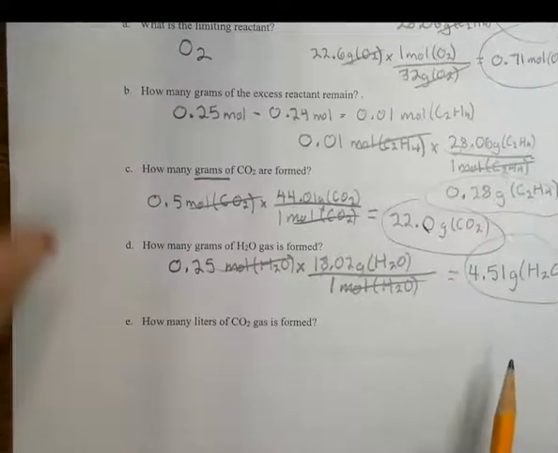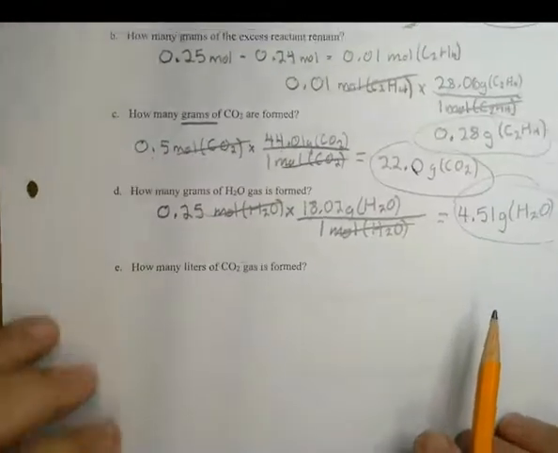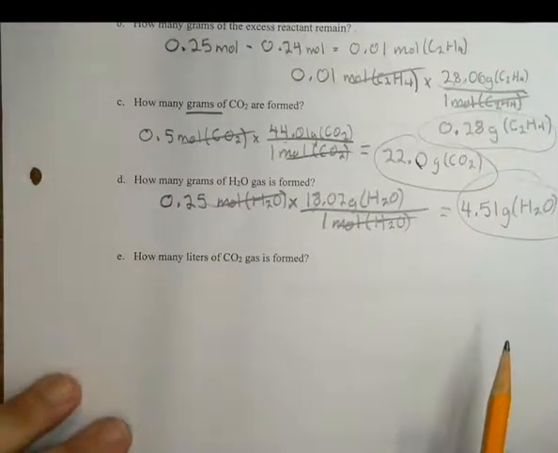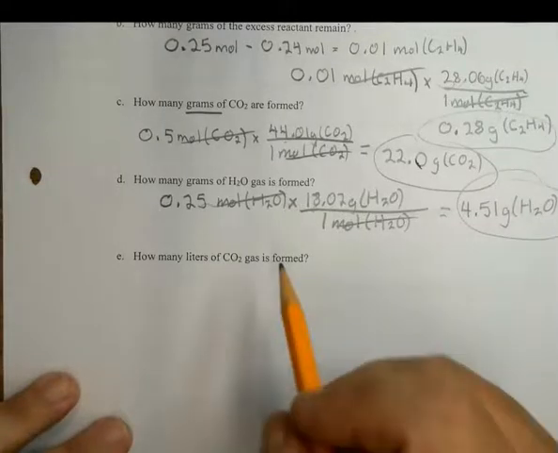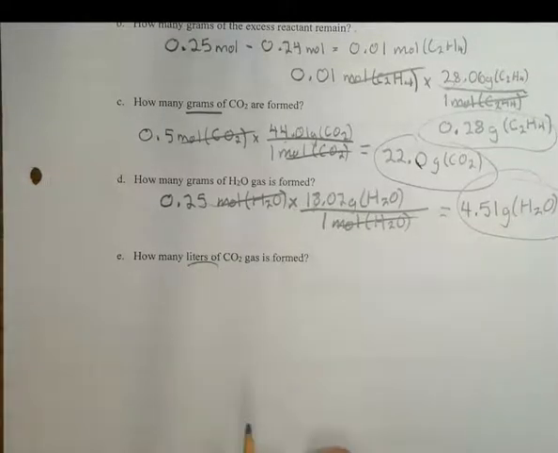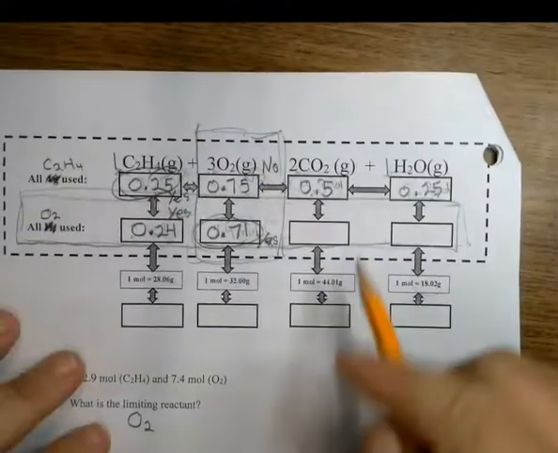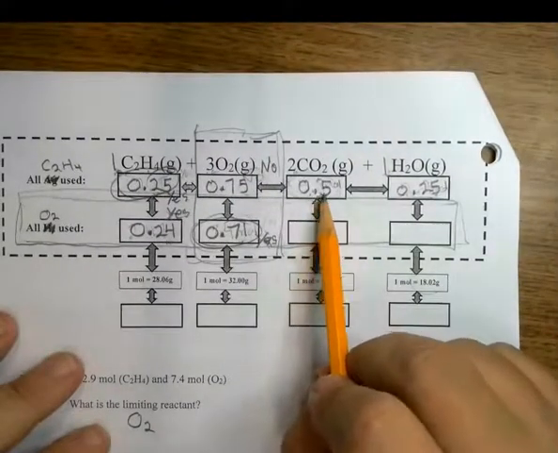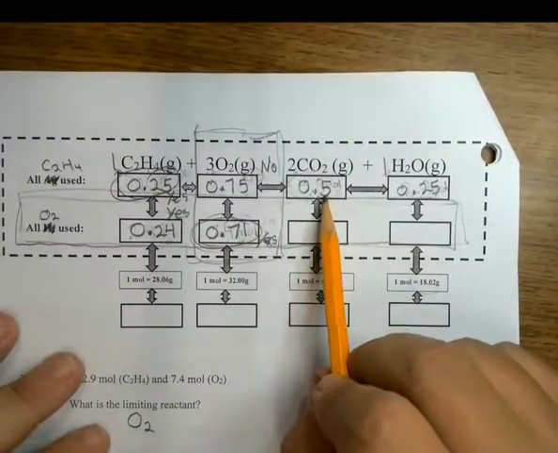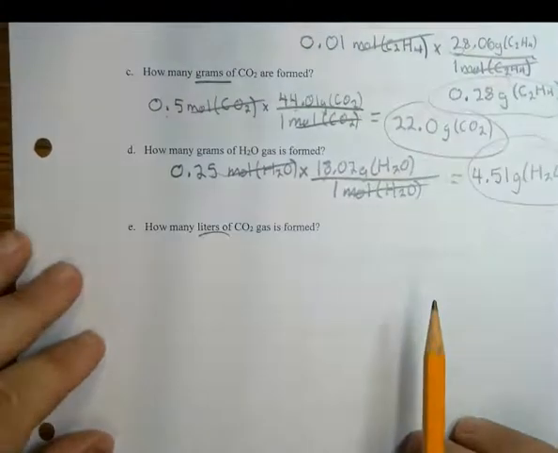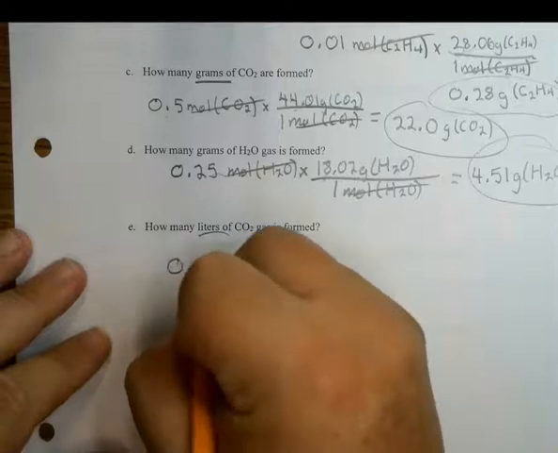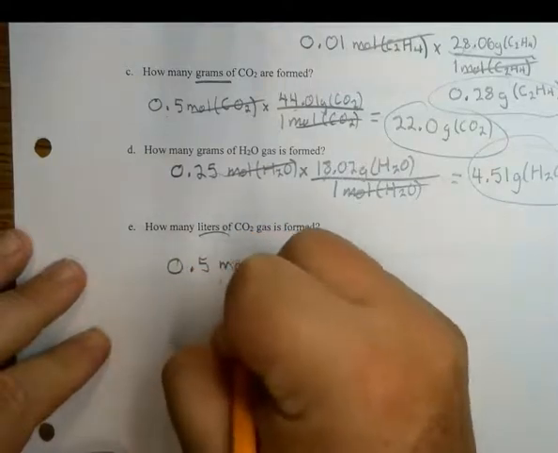Okay? All right. And finally, I give you that liters problem again. How many liters of CO2 gas is formed? So we want liters. It is a gas. It has to be a gas to do this. So CO2, again, we go back to how many moles we ended up producing. We ended up producing 0.5. So we use our liters to moles conversion. So you start off with 0.5 moles of CO2.